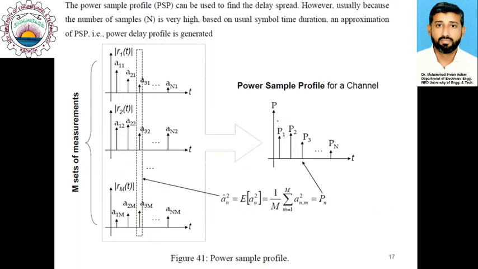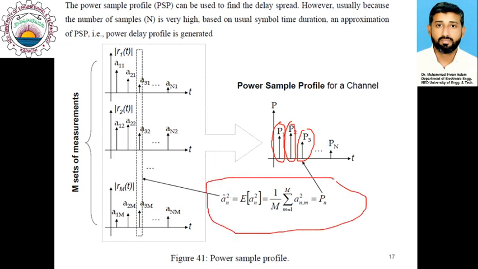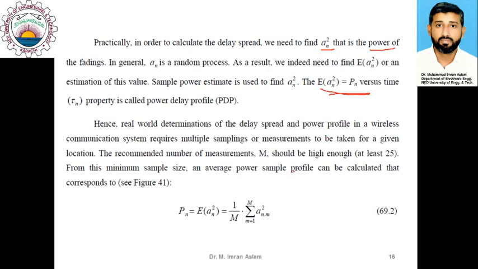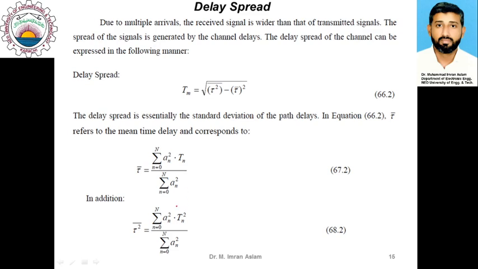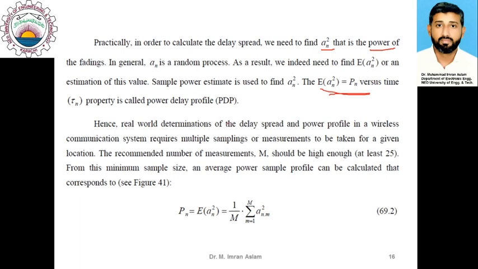P1 is the power received for the first delay, P2 is the power received for the second delay, P3 for the third delay, and so on. The total power would be the average value of these different samples. You can replace a square with the relative power to calculate the delay spread.